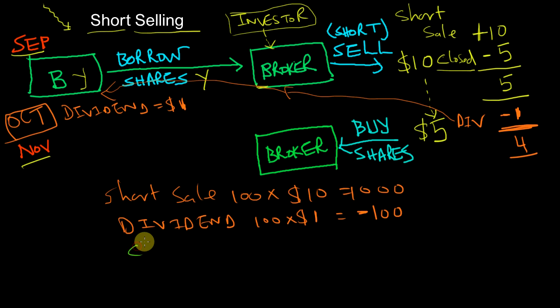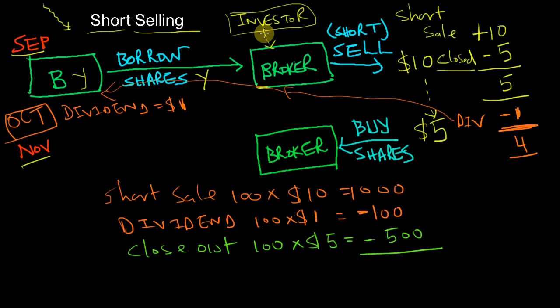So the closeout cost will be 100 multiplied by $5, and that's a negative because you have to pay when you're purchasing back. So that's minus $500. So the total profit to the investor would be $400.